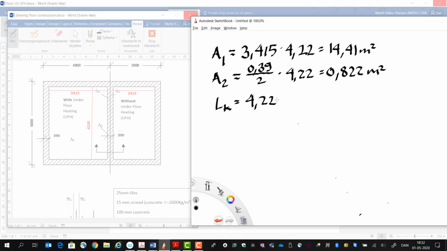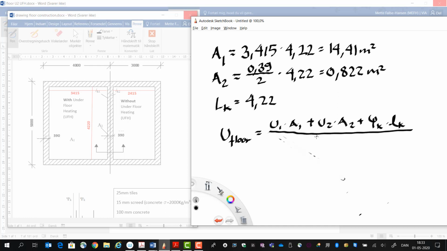So now we just have to put it into the formula that we use for the U values when we are looking at U values for construction with cold bridges, where we had the U for the floor, U1 times A1 plus U2 times A2 plus psi k times LK divided by the total area A1 plus A2.